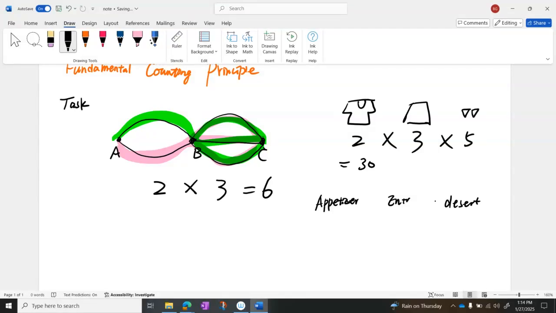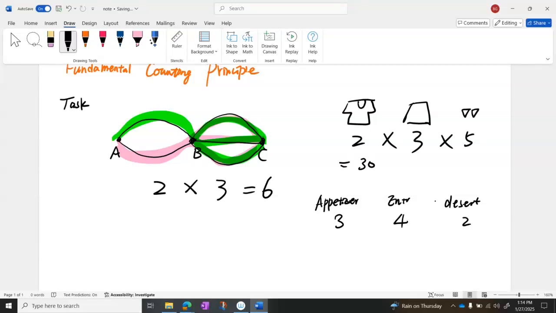Let's say the restaurant has 3 different appetizers, 4 different entrees, and 2 different desserts. Then how many different ways can you order your meal?